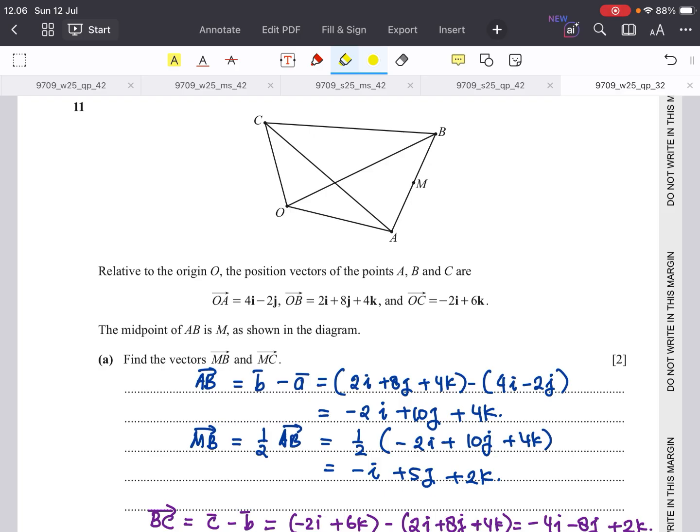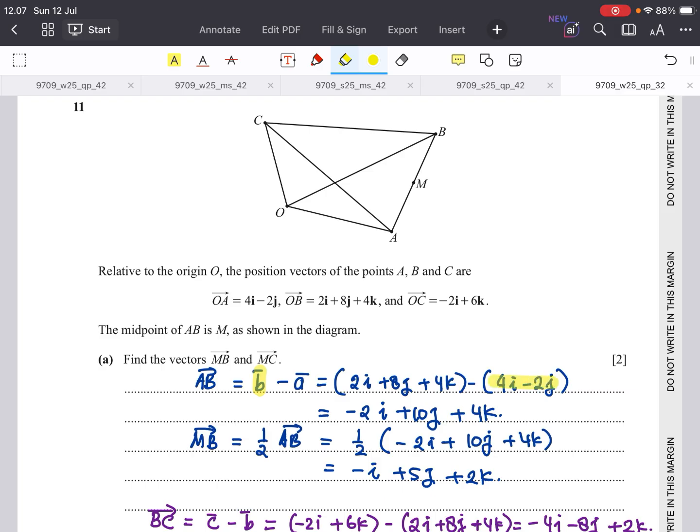So, in order to find vector MB, we find vector AB first. AB is position vector of B minus position vector of A. So position vector of B is 2i plus 8j plus 4k.